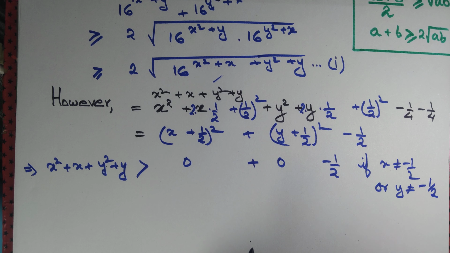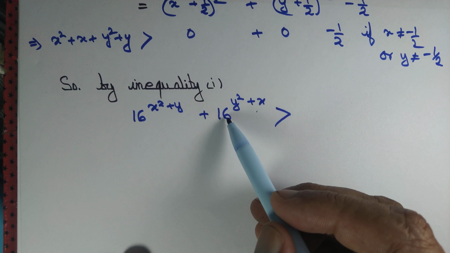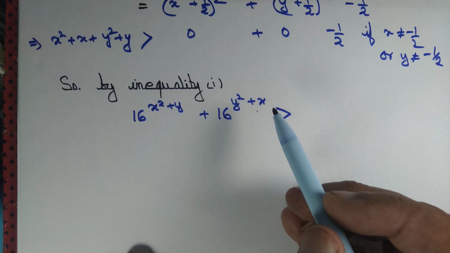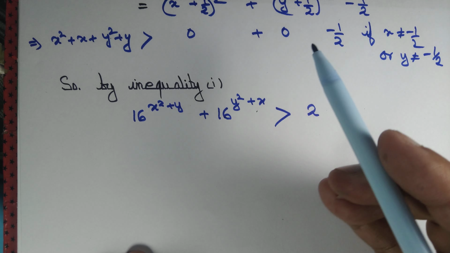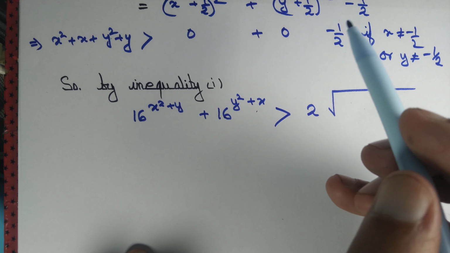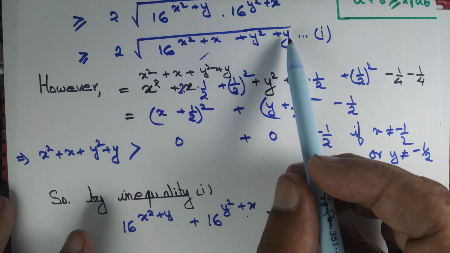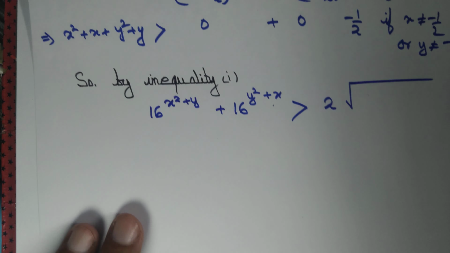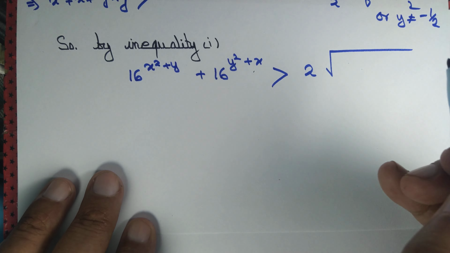Therefore, by inequality 1, 16 to the power x square plus y plus 16 to the power y square plus x is greater than, by inequality 1, 2 times root over 16 to the power x square plus x plus 16 to the power y square plus y, and x square plus x plus y square plus y turns out to be greater than minus half.